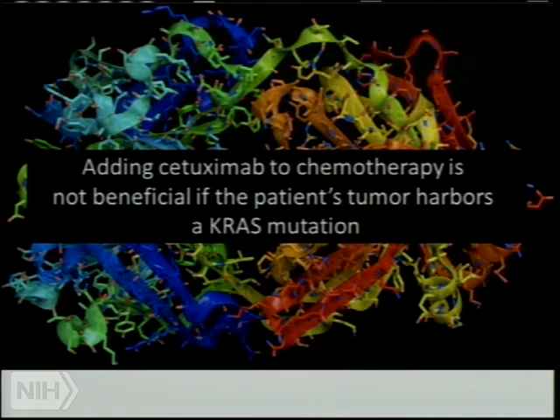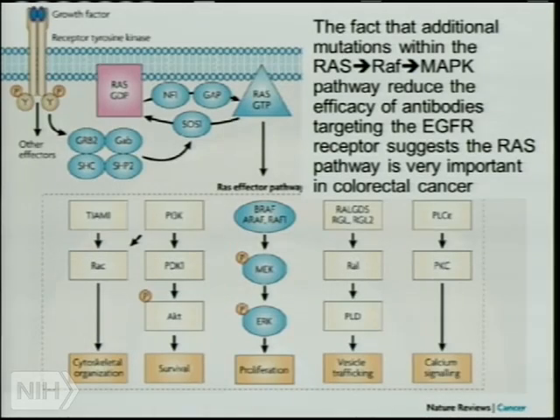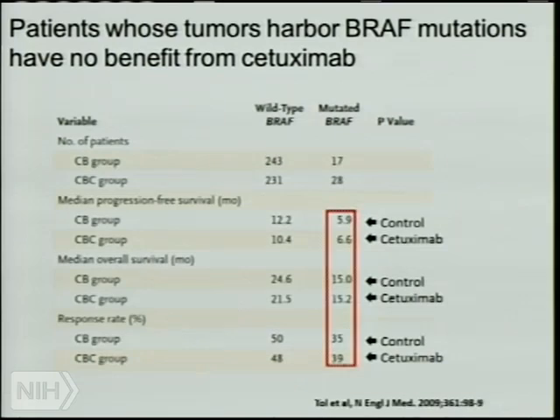It's not beneficial, and it could even do harm. So I think this fundamental fact, that you have this downstream aberration keeping the cetuximab from working, implies that the RAS pathway is critical in some way in proliferation in colorectal cancer.